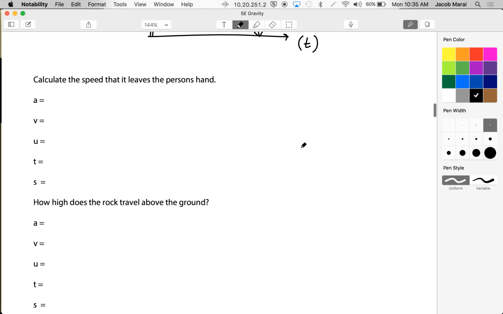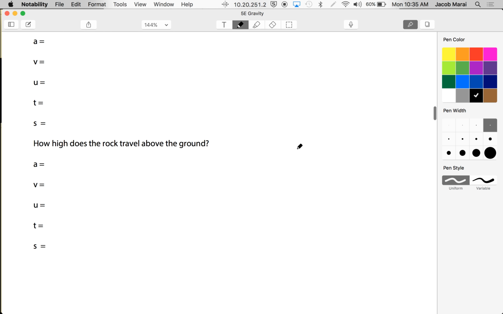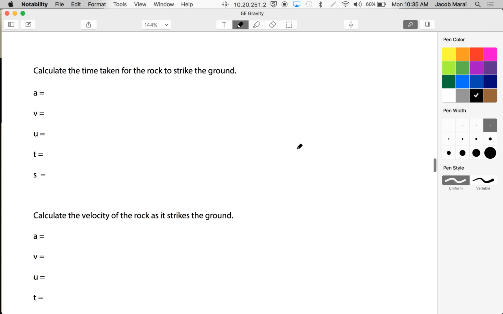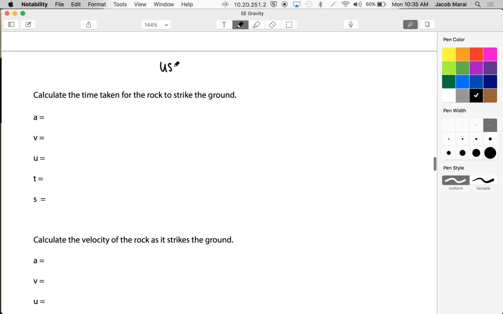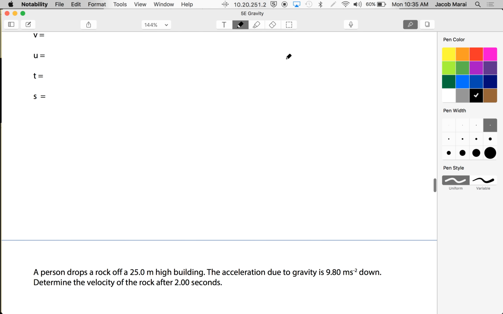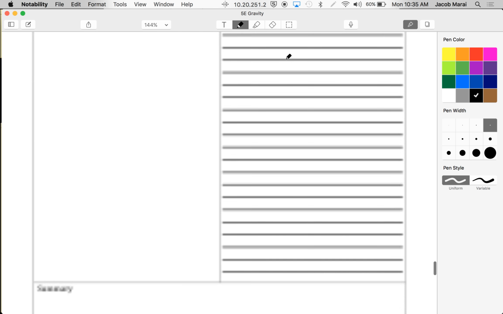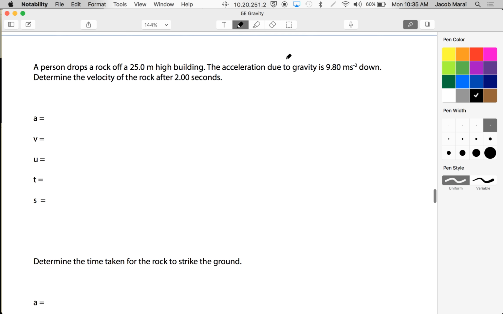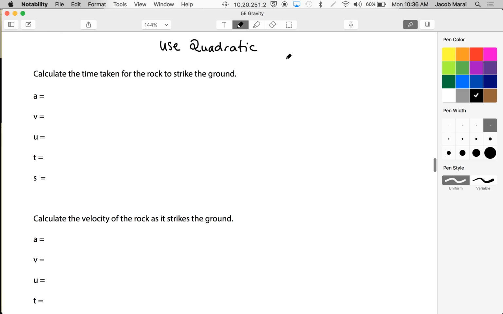The first 2 questions are quite simple, but then the next questions below, I would like you to use the quadratic. Okay? So solve the first 2 questions using your Suvat equations, and then at the second part of this page, solve using the quadratic. Okay, so you've got a couple of questions to have a crack at. Please do so.